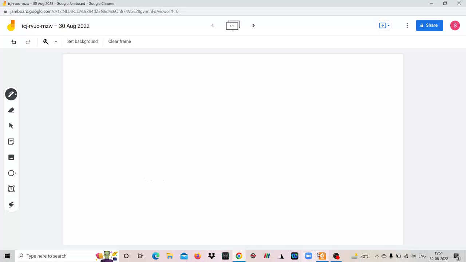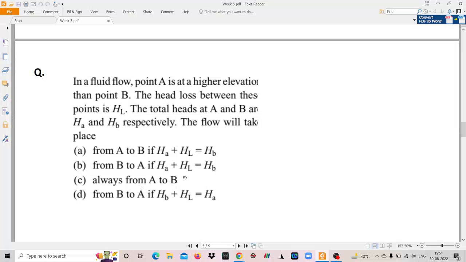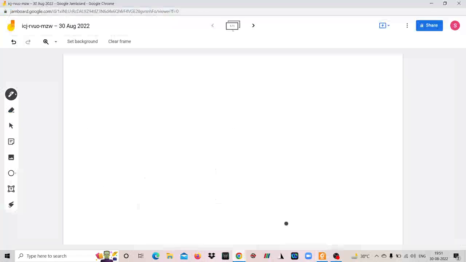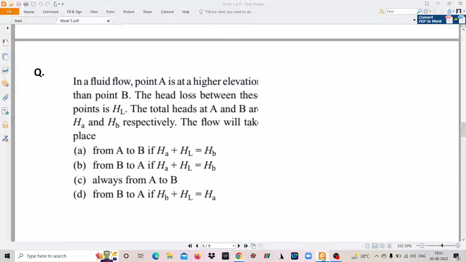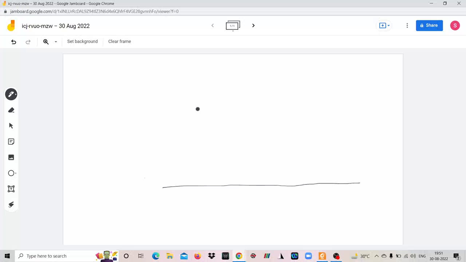Always A to B. Okay, let's see. According to the question, say this is the datum, this is point A, this is point B. The total head at point A is HA, and the total head at point B is HB.